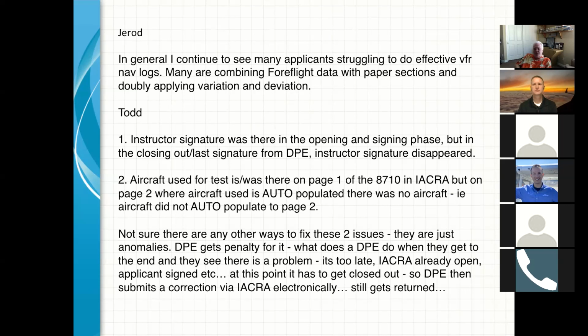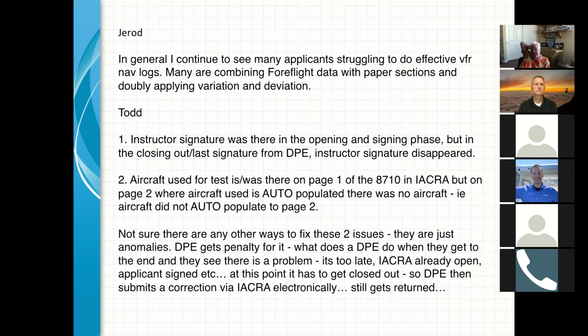I know what he's referring to. The reason this happens is because they don't understand what ForeFlight is doing in the background to come up with the mag course, heading, ground speed and so forth. I just had one the other day where for the first time we went through each line in his nav log and ForeFlight, and he was enlightened in what was actually going on in the background because no one had ever shown it to him.